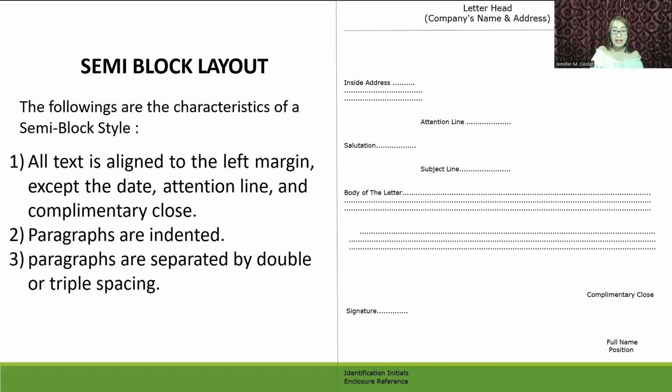Now, let's have the semi-block. The following are the characteristics of a semi-block style. All text is aligned to the left margin except the date, attention line, and complementary close. Paragraphs are indented, of course. Paragraphs are separated by double or triple spacing.